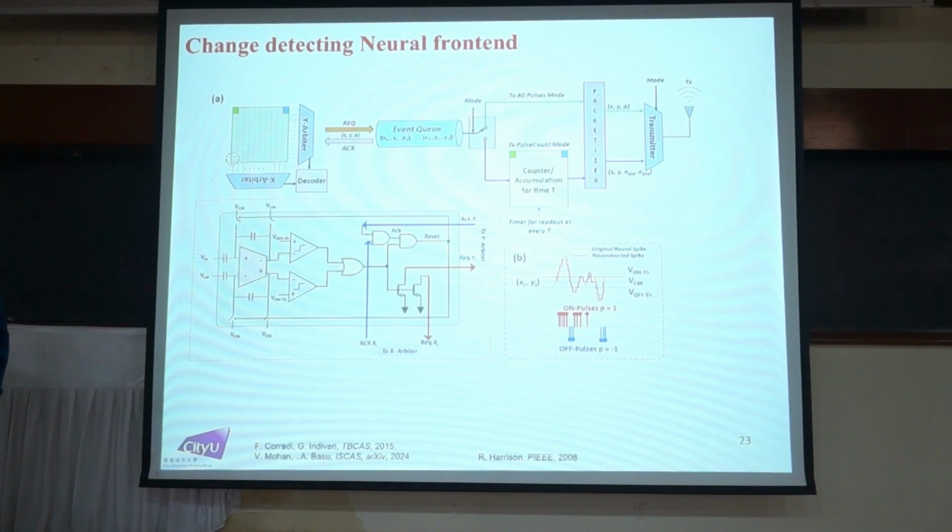This one we call the all pulse mode, and this one we call the pulse count mode, or PCM. The circuit here is similar to DVS. You have a capacitive amplifier, which is also used in neural recordings, and then you compare it with thresholds, and you can generate a request signal whenever it crosses the threshold, and so on.